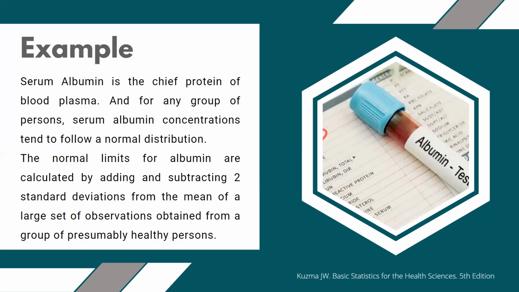Serum albumin is the chief protein of blood plasma, and for any group of persons, serum albumin concentrations tend to follow a normal distribution. The normal limits for albumin are calculated by adding and subtracting two standard deviations from the mean of a large set of observations obtained from a group of presumably healthy persons.